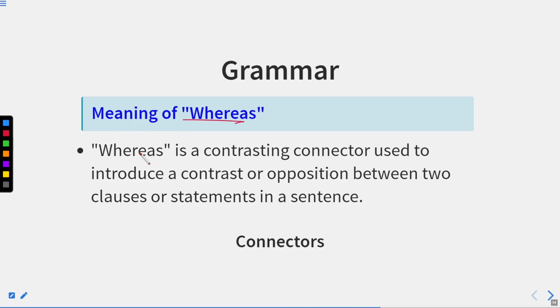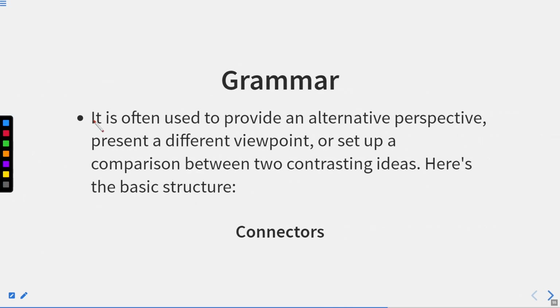Meaning of whereas. Whereas is a contrasting connector used to introduce a contrast or opposition between two clauses or statements in a sentence. It is often used to provide an alternative perspective, present a different viewpoint, or set up a comparison. Now, this one is very, very important. It shows the comparison between two contrasting ideas. Here is the basic structure.